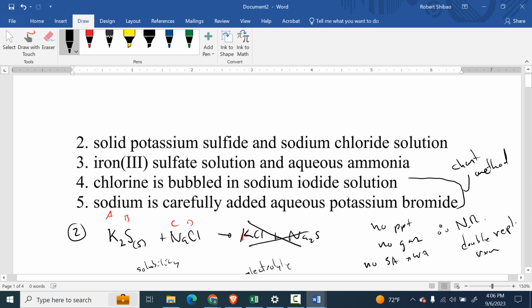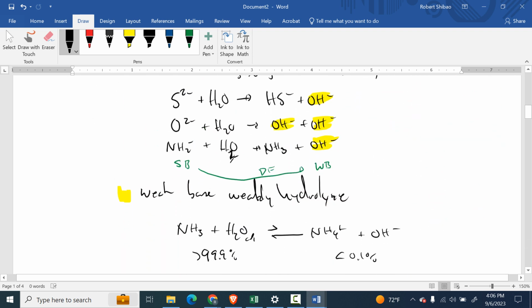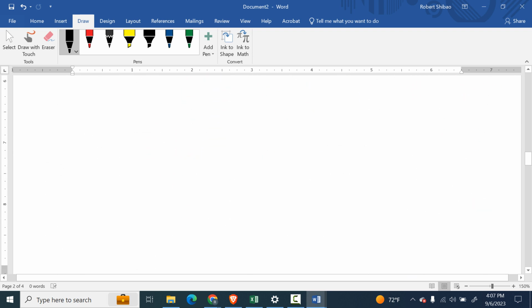This is the chart method redox. Or do you want me to do 4 and 5? 4? All right, do 4. Chlorine is bubbled in sodium iodide solution, so we'll do 4.